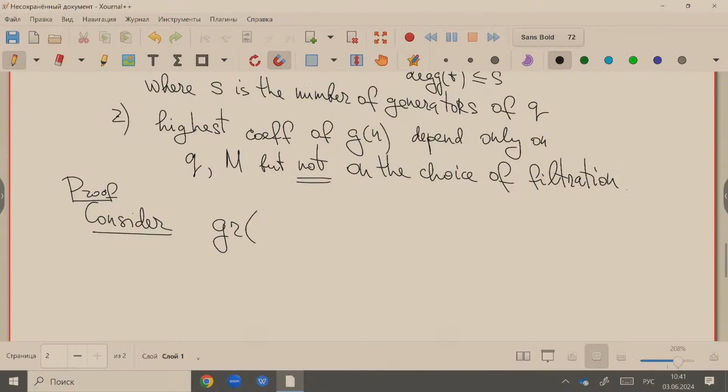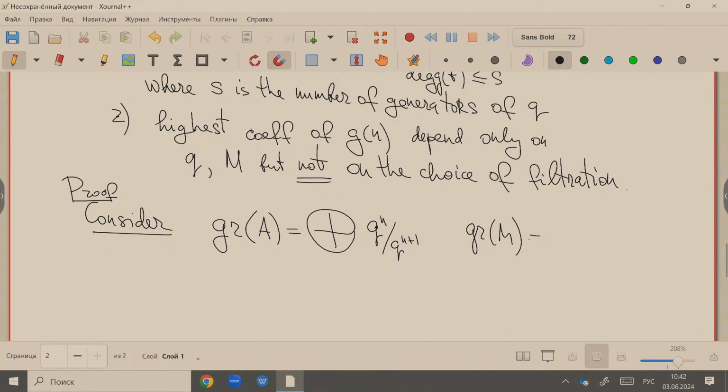So we can consider the graded ring, graded module, and also we'll have the blow-up ring. This is a Rees ring, or blow-up ring.